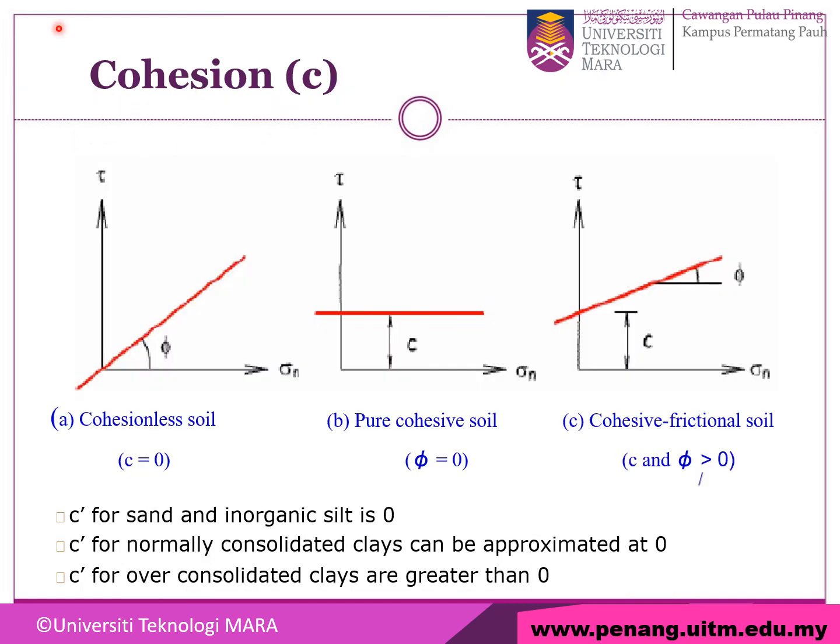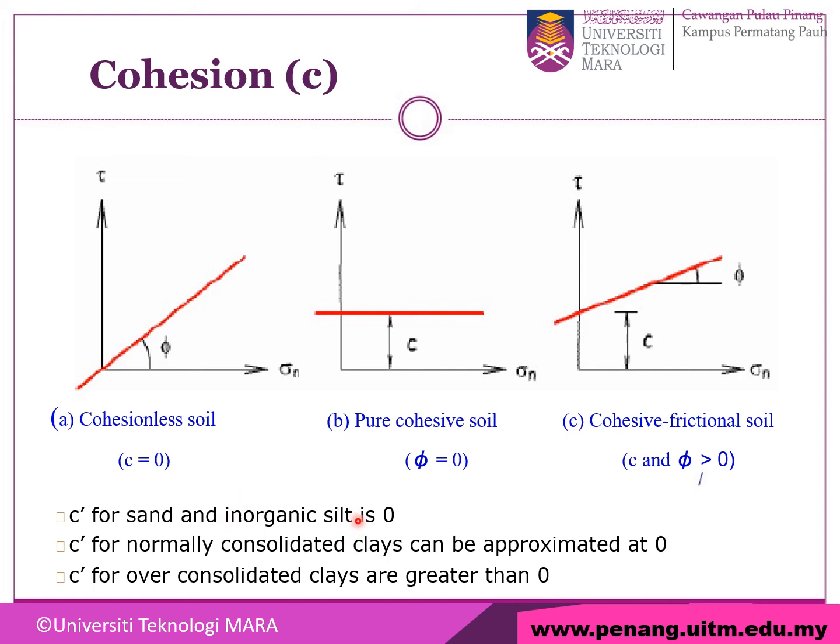Alright guys, look at the cohesion. Cohesion value depends on the type of soil. The first case is cohesionless soil, where C is equal to 0. It is actually for sand and inorganic silt.